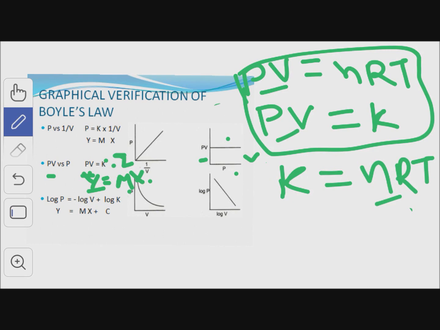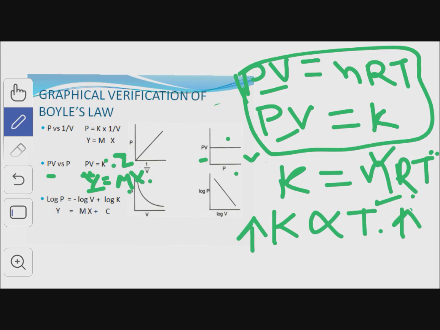For a given mass of gas, the number of moles is fixed, so its value is constant. R represents the gas constant, it is always constant. And we are left with only temperature, which means K is directly proportional to temperature. If we increase the temperature, the value of K also increases.